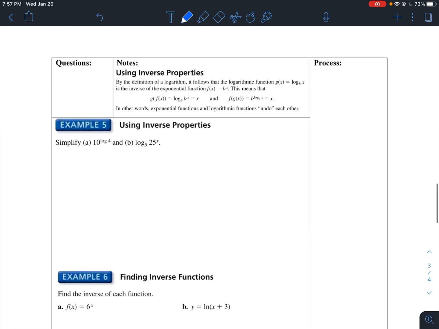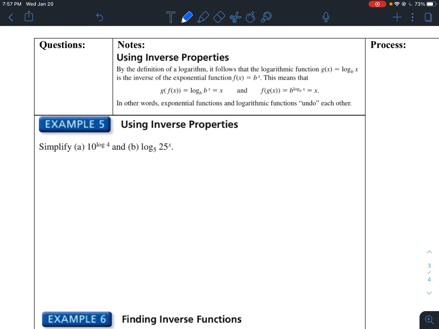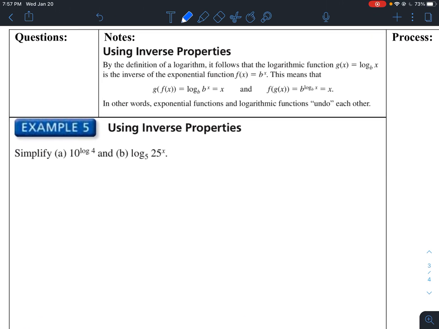Okay, now to come to our conclusion with these last 2 examples, we're going to talk about using inverses. By the definition of a logarithm, it follows that the logarithmic function, log base b of x, is the inverse of the exponential function f of x equals b to the x. So that means we can use these in our equations to take inverses, right?